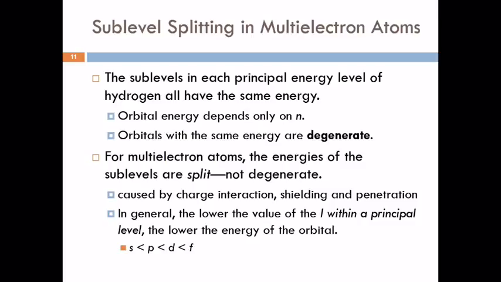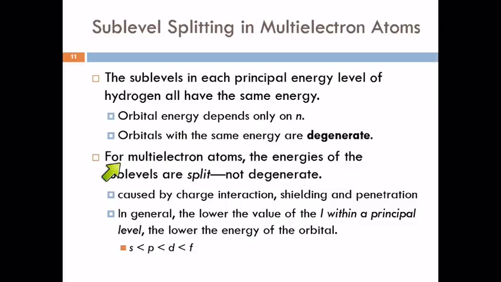If we have orbitals that have the same energy, those are called degenerate. So the 3p orbitals within that subshell are always going to be degenerate. In hydrogen, the 2s and the 2p are degenerate, but in other elements they're not.